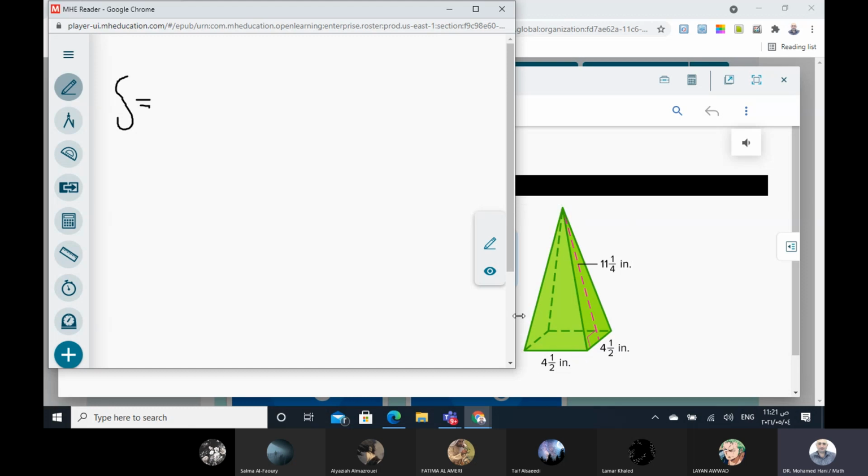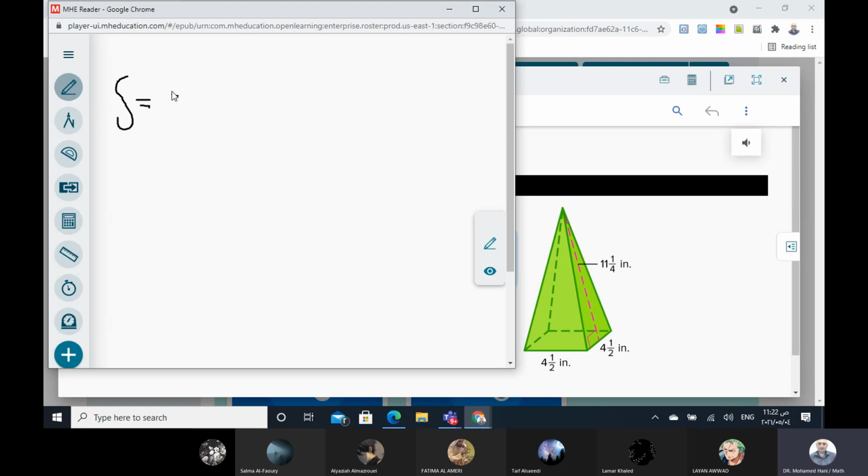So to find the surface area, at first, find the area of the base. The base will be a square. For the square, the area is the side squared, side times side. So 4.5, a mixed number, change it to a fraction: 4 times 2, 8, 8 plus 1, 9 over 2.